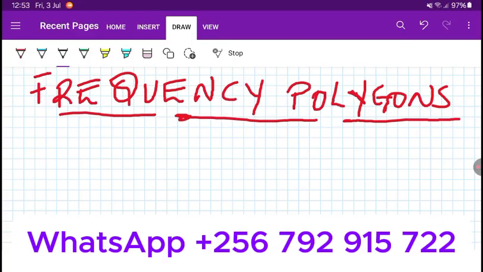Of course, a frequency polygon refers to the graph.